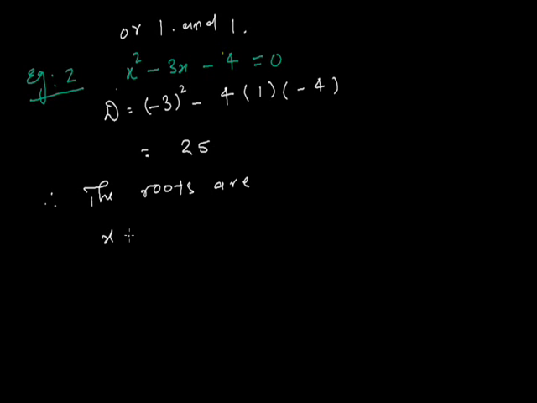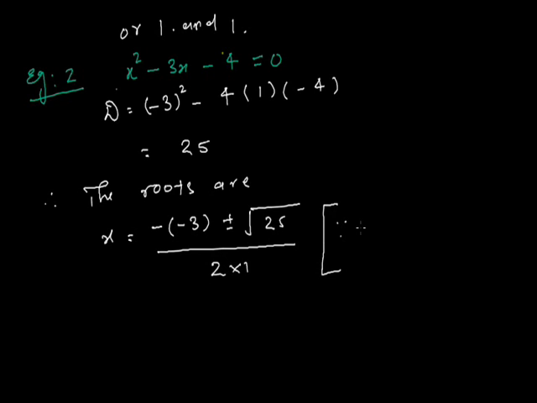x equal to minus b plus minus square root of b square minus 4ac upon 2a, because we know the quadratic formula.